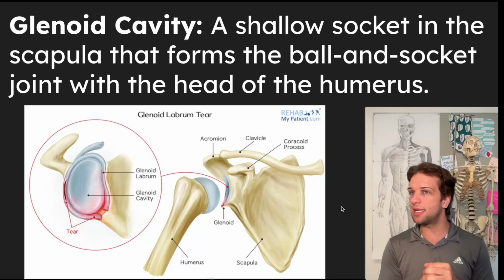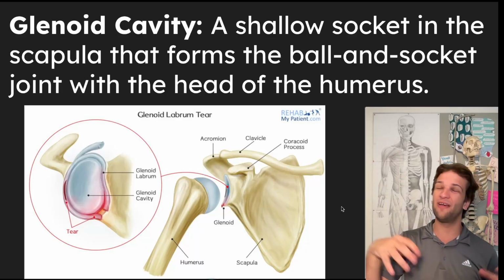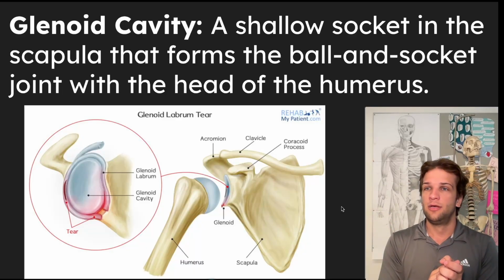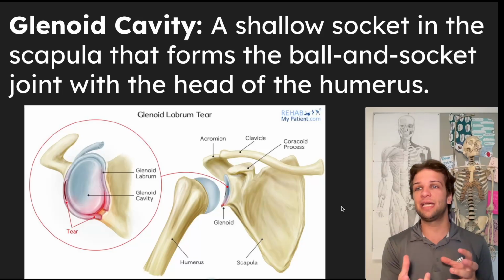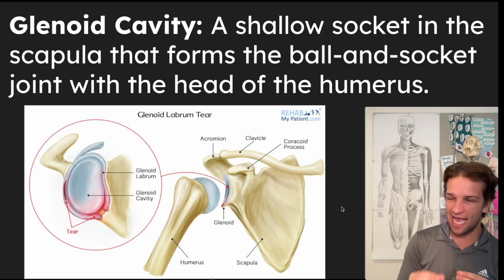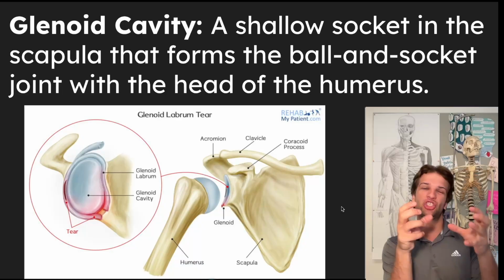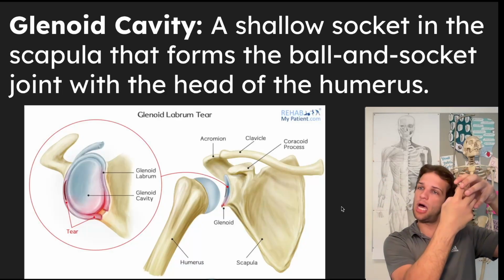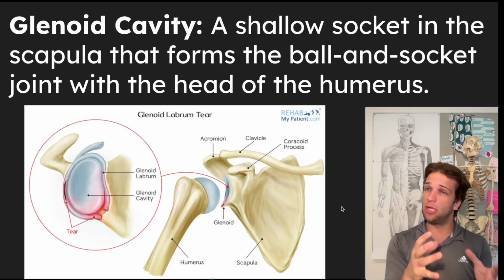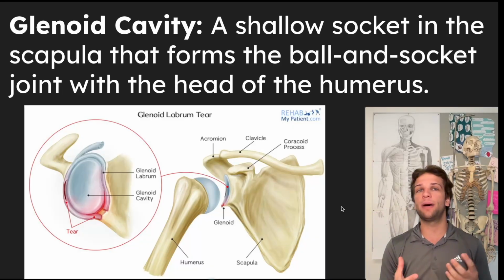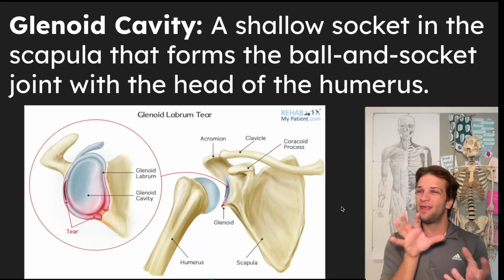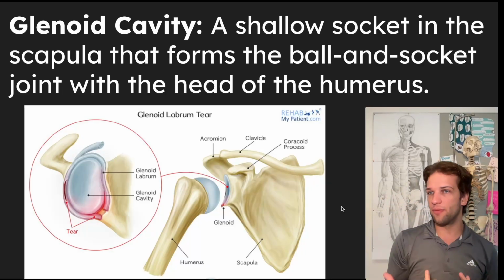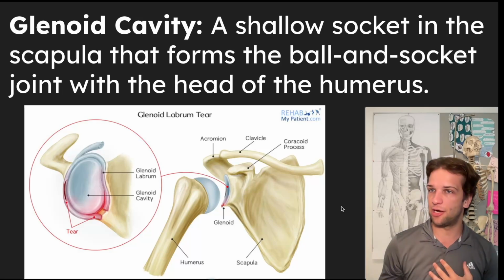It's just a socket that allows for the head of the humerus to slot in and make that ball and socket movement. And so when we talk about the acromion and clavicle, these pieces are all really important because they come together to form this joint that allows for movement at our shoulder.